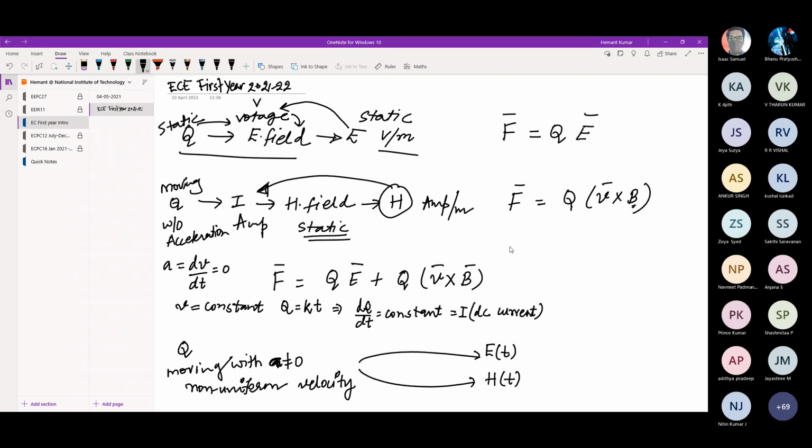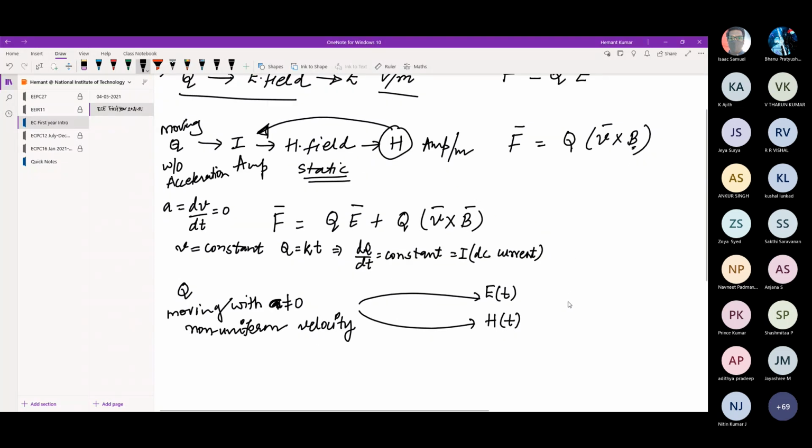So whenever the charge is moving with acceleration, it will have two components, electric field as well as magnetic field, and both will be varying with respect to time. This is the principle of radiation of electromagnetic waves.